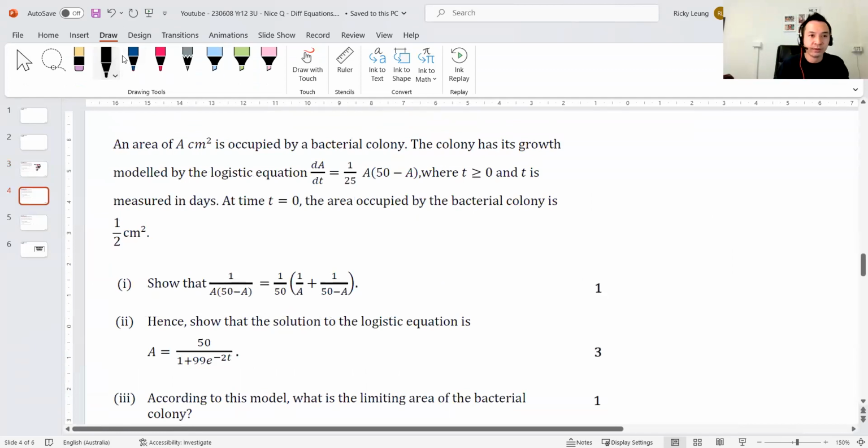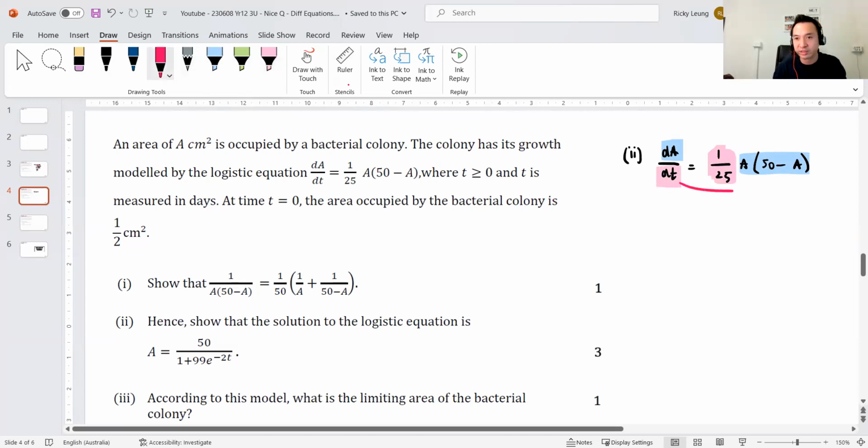All right, guys. So we are now going to, for part 2, start with the differential equation dA/dt equals 1/25 A times (50 minus A). Now, like I said in previous videos for differential equations, I need to put all my A's on the same side, and put my t's and constants on their own side.